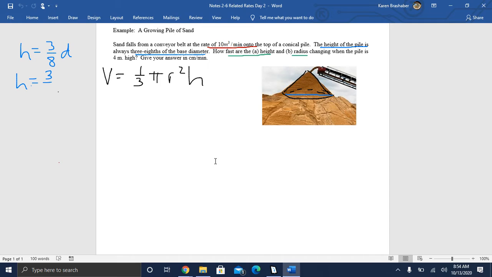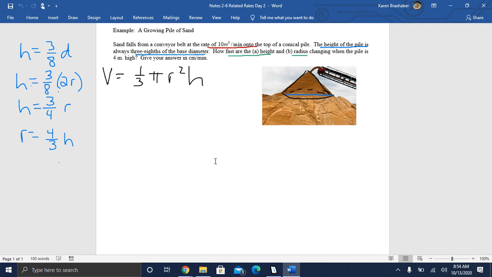A diameter is twice the radius, so we have the height being 6/8 or 3/4 of the radius. You should be prepared to have that relationship go either direction, so you should also solve it for r. You could multiply by 4/3 and have r equaling 4/3 h.